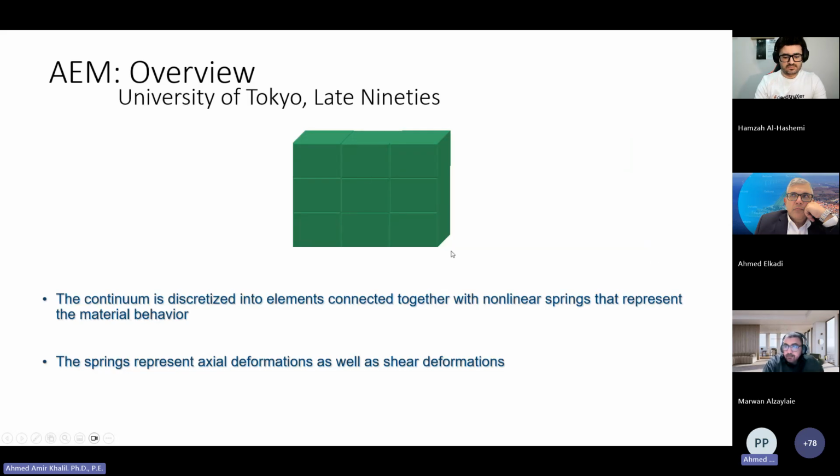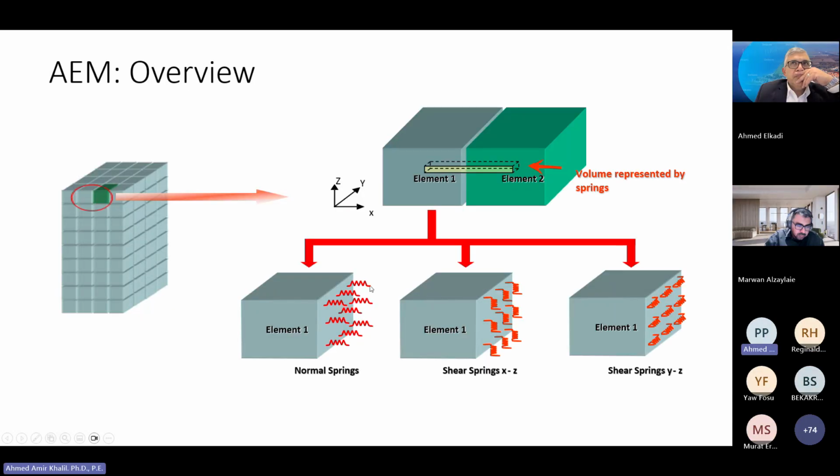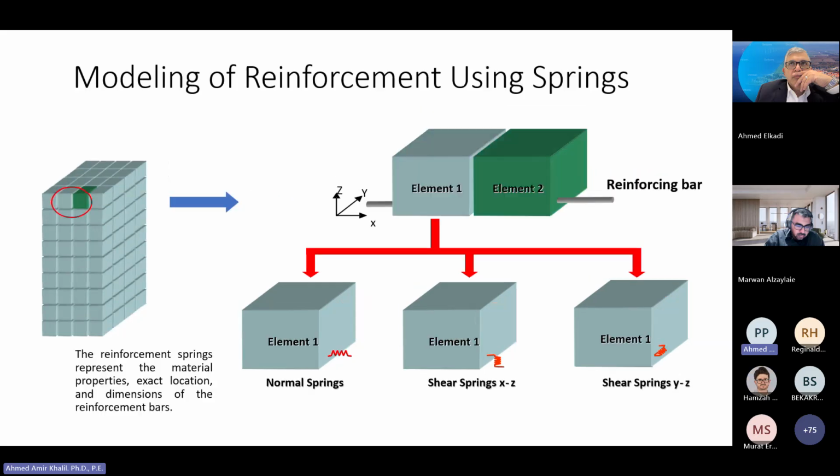And as I mentioned, it started in the University of Tokyo in the late 90s, and we're dividing the structure into elements, or the soil into elements, and we are connecting the elements using springs. So the springs on the interface between the elements represent the stiffness of the structure, and the behavior can be linear or non-linear depending on the material model.